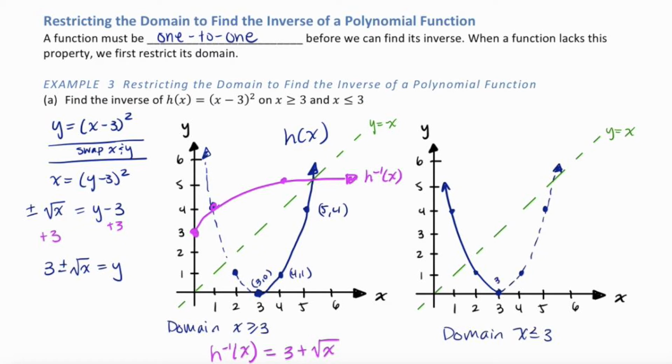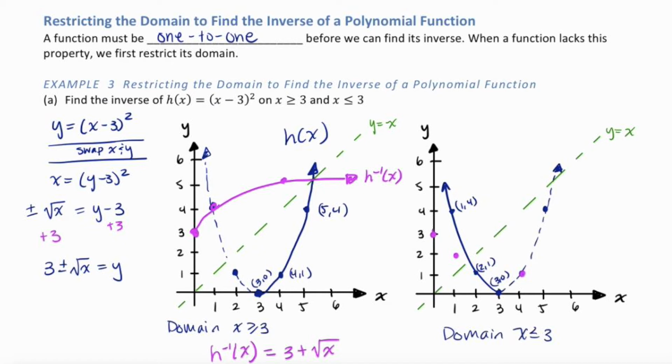Now the points here are similar. We have 3, 0, we have 2, 1, and we also have 1, 4. Let's reflect all of these points about this line. So now we have 0, 3. This one gives us the point 1, 2. And this one here gives us the point 4, 1. And that would make our inverse look more like this.